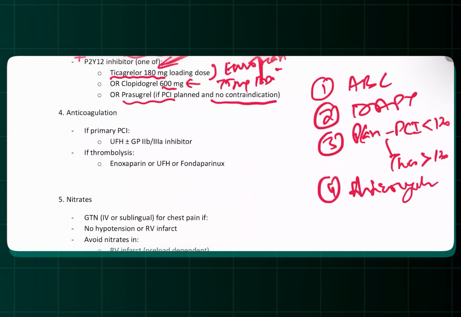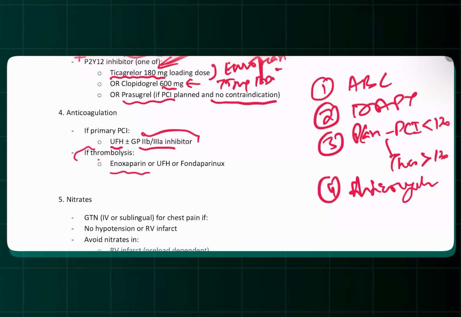If primary PCI is planned, then unfractionated heparin with GP2B3 inhibitor. Although the GP2B3 inhibitors like tirofiban or eptifibatide are used to decrease the thrombus load, their role is very, very restricted now, but you should know about them. And if you thrombolize the patient, then of course unfractionated heparin or enoxaparin, or in the whole of Europe, fondaparinux is the drug of choice.